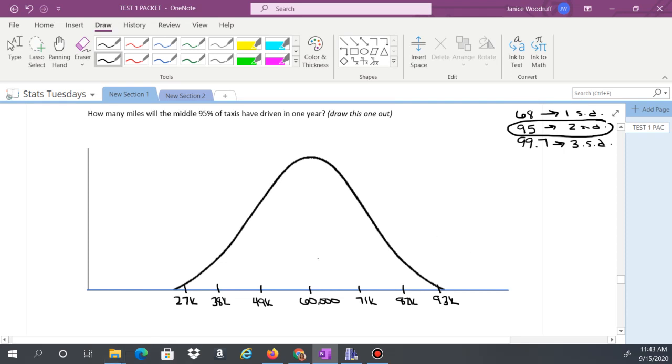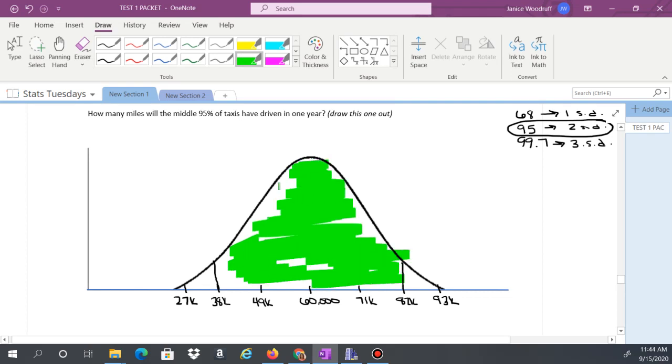Okay, so the empirical rule tells us that 95% of your data will fall within 2 standard deviations of your mean. So 2 standard deviations would be from here to here. So this is 95%. Does that look like 95% of this curve?